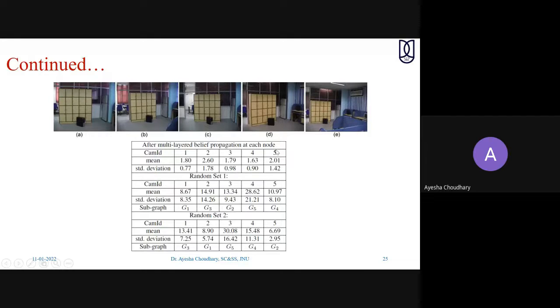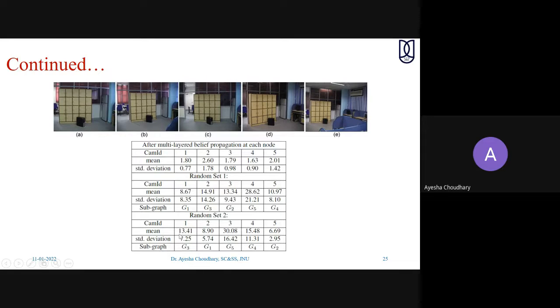And I don't know if you can see it in the images, but this is for 5 cameras. After multi-layered belief propagation at each node, we are able to get the error in reprojection. Suppose over here we are considering only the P1 value in graph 1 and doing reconstruction, the mean error is 8.67.